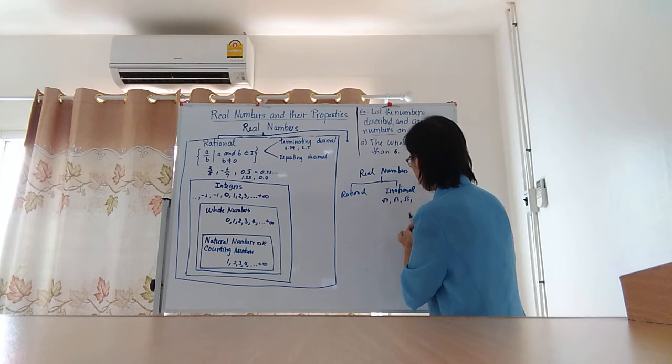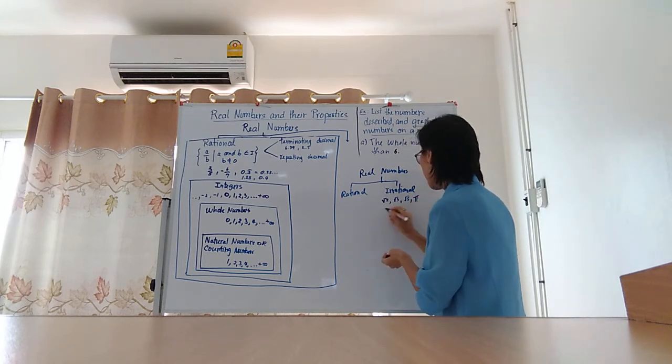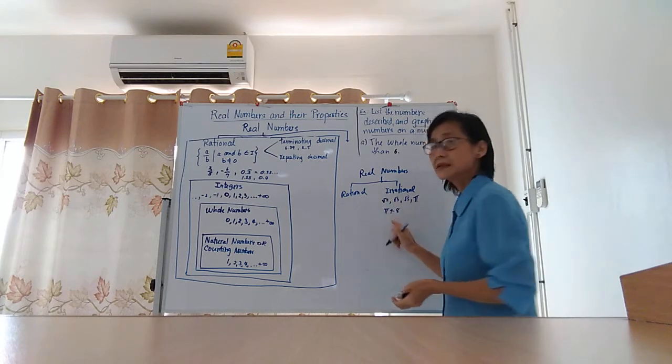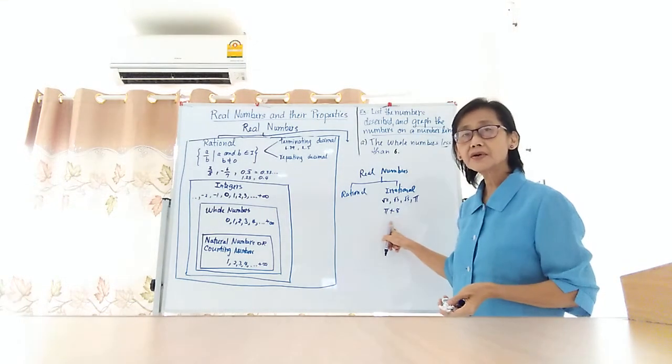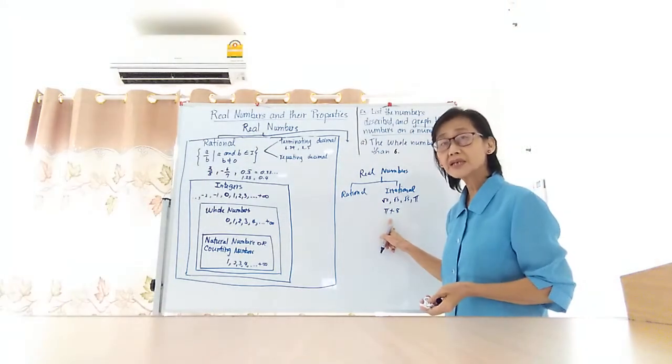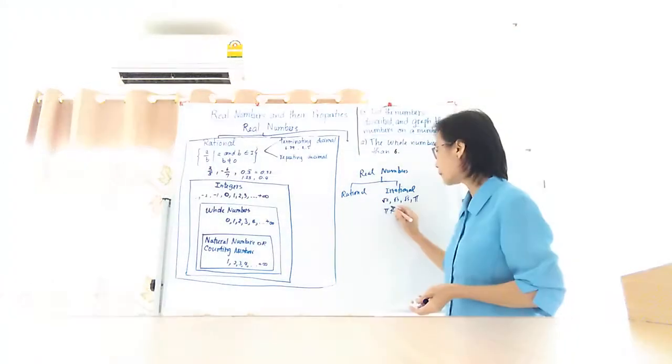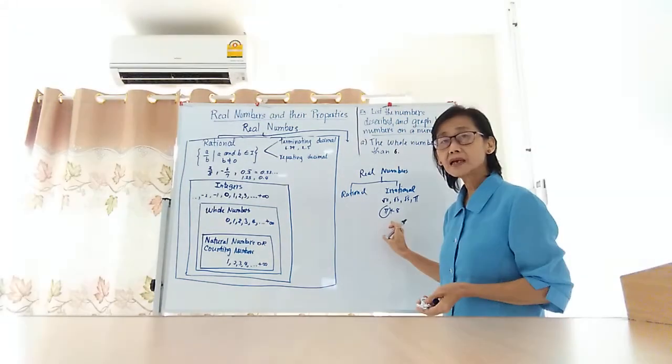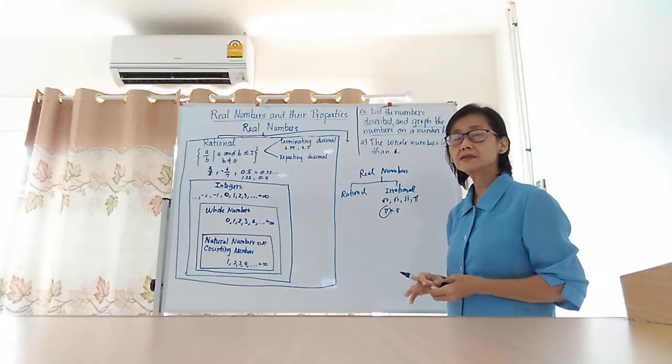For example, if I have pi plus maybe 8, is this rational or irrational? It must be irrational, correct? Because I have pi. So this one has to be an irrational number.